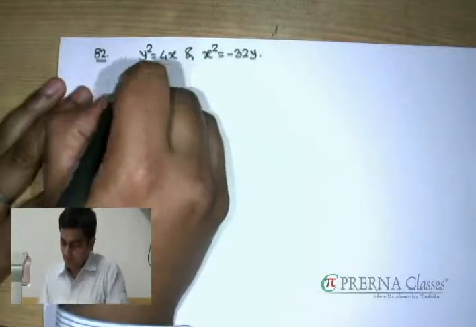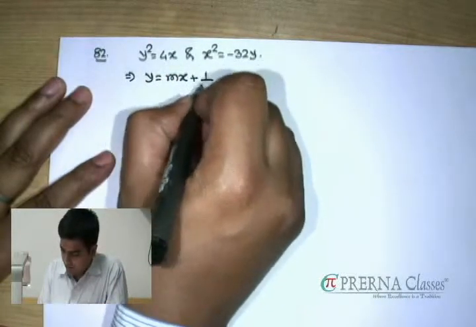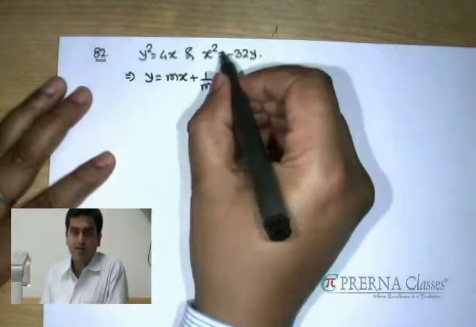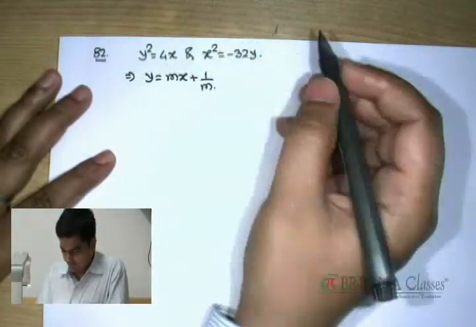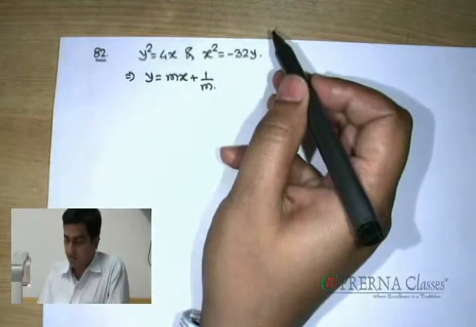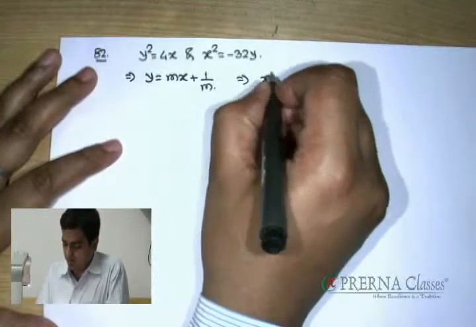the slope of that line which touches both the parabolas. Since this is related to one of the standard parabolas, you can directly write down the equation of any line which touches this as this. Since we want this line to touch this parabola also, clearly then when we solve this pair of curves, we should end up getting only one solution.